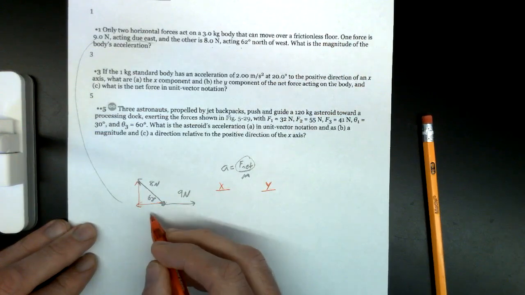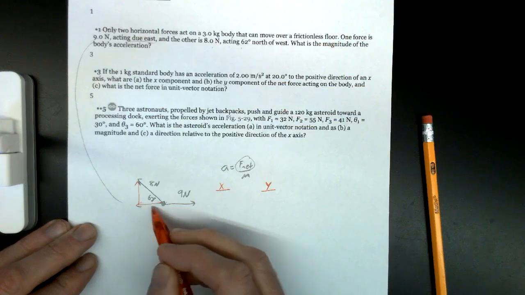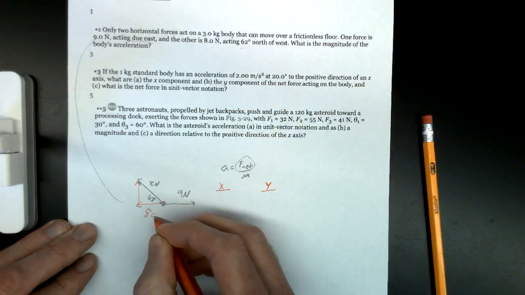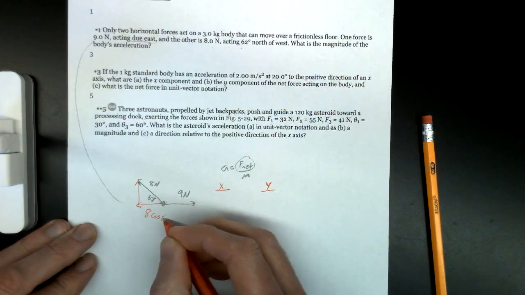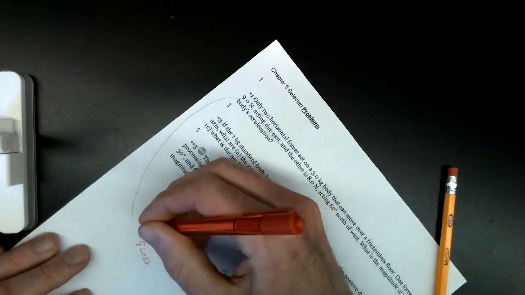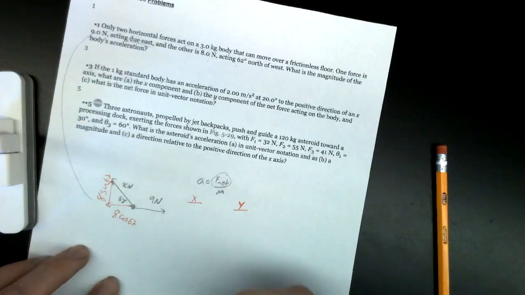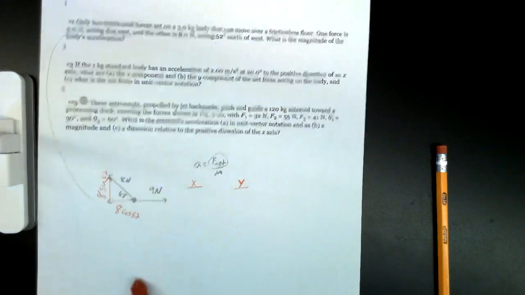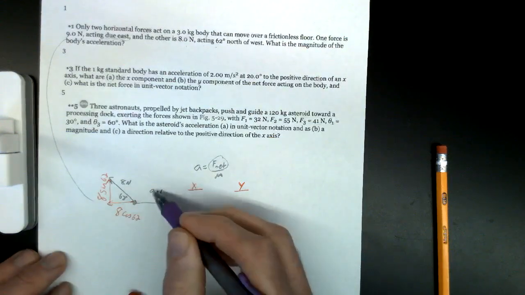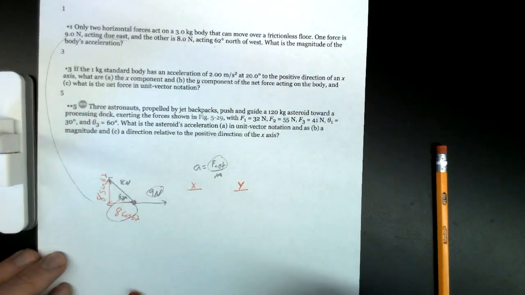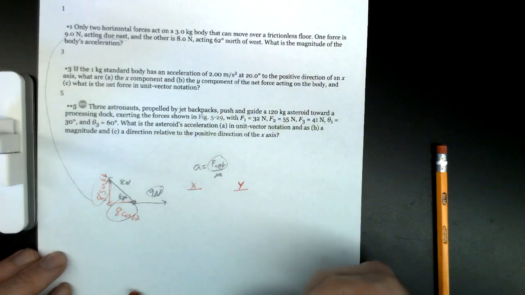And it should be pretty quick for you to just go, if that's 8, then this side right here is going to be 8 cosine of 62. And then this side over here is going to be 8 sine of 62. So then in the x direction, we're going to have this force, and in the y direction, we're just going to have this force.